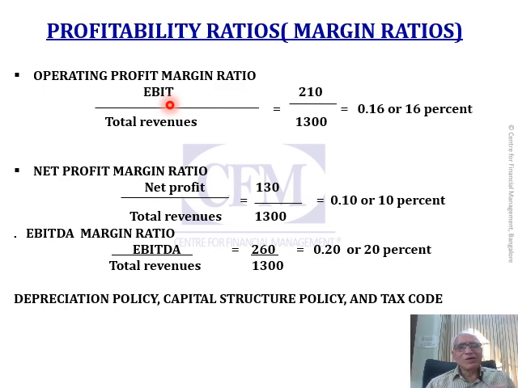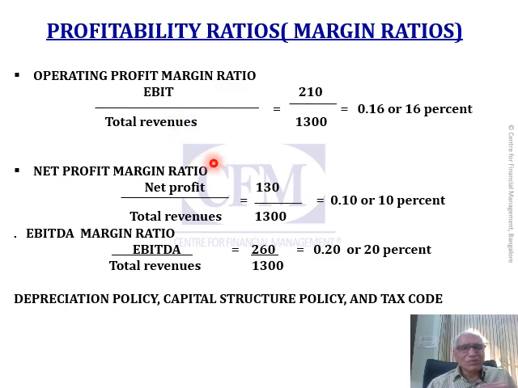Beyond the operating margin lie interest and taxes. Interest depends on the capital structure policy of the firm, tax depends on the tax code of the government, so the operating managers are not concerned with capital structure policy or tax code because it lies beyond their purview. Hence, this ratio is widely used for comparing performance of various divisions.